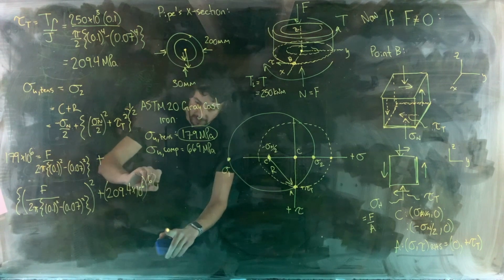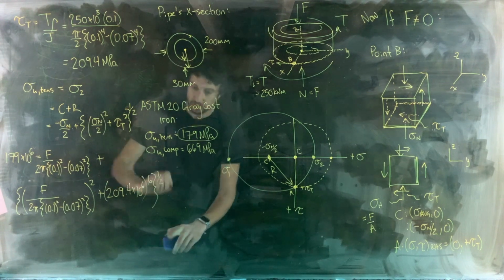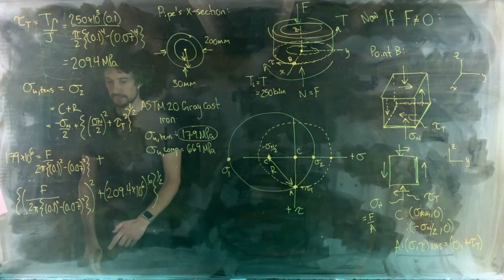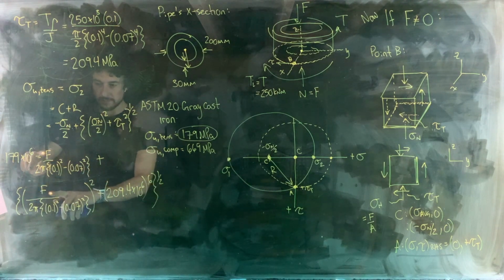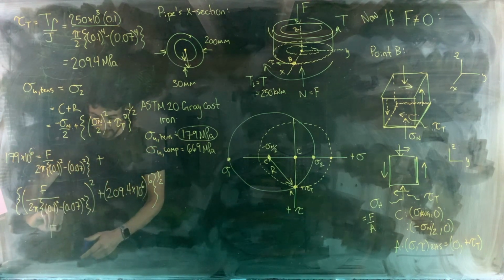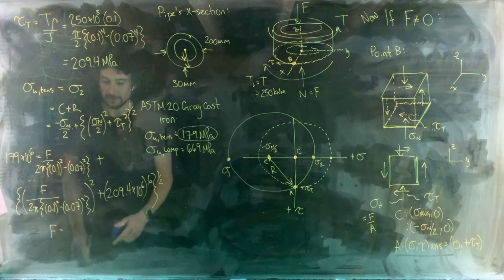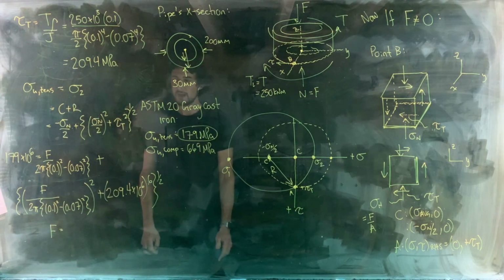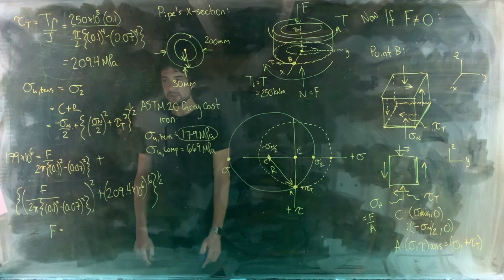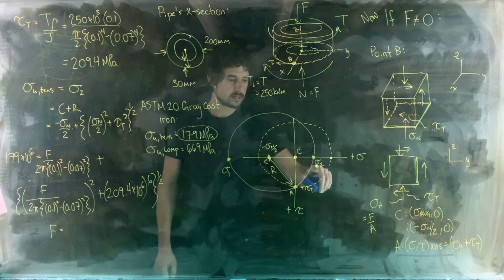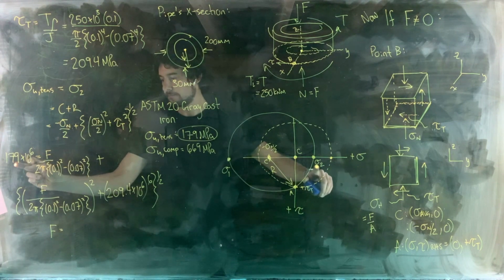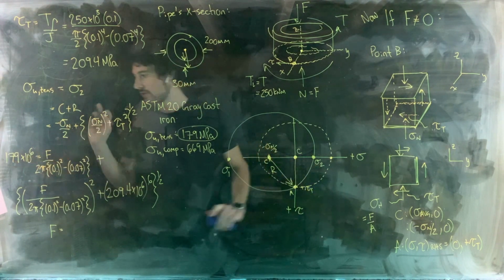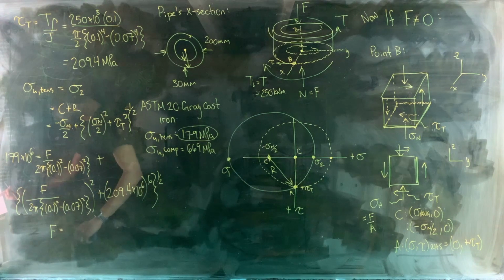And then we're raising that whole thing to the power of 1/2 to take its square root, right? So here's our equation. Our only variable left there is variable f. That will give us the minimum value of f that we need to apply so that sigma 2 is 179 megapascals.